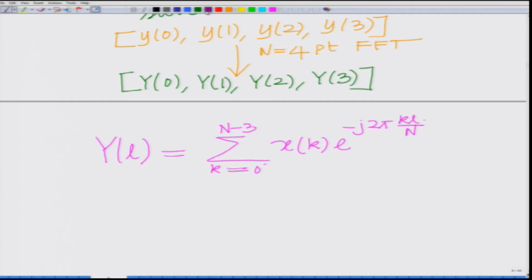Now, we substitute N equal to 4, sorry, this has to be N minus 1.